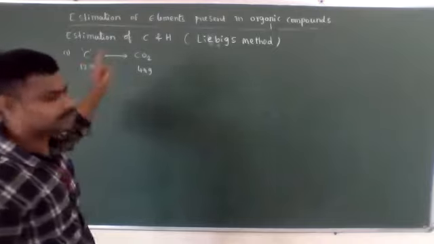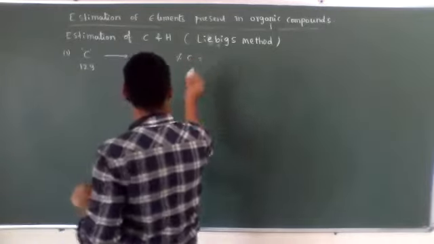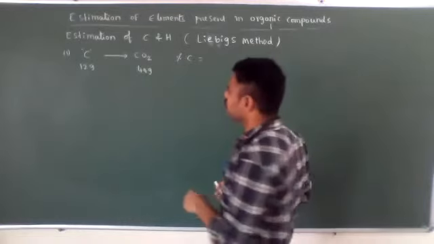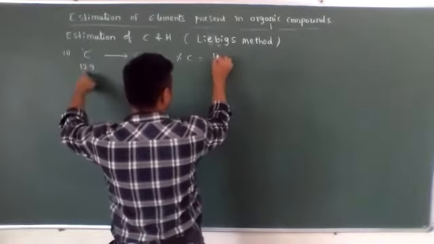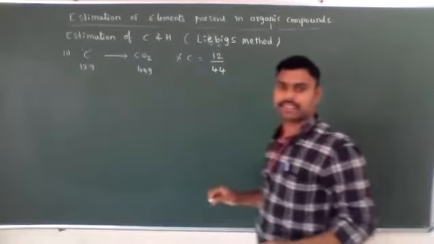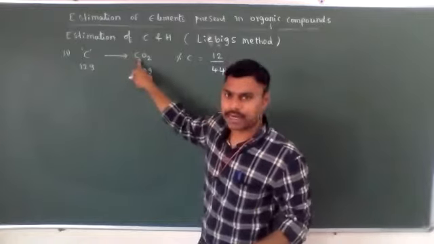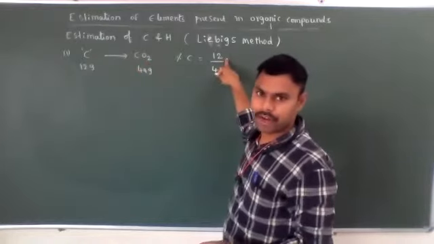In that, how much percentage of carbon is present? The percentage of carbon atom is equal to, we already discussed the percentage of elements formula. How many carbon atoms are present? One carbon atom. What is the gram atomic weight of carbon? 12.